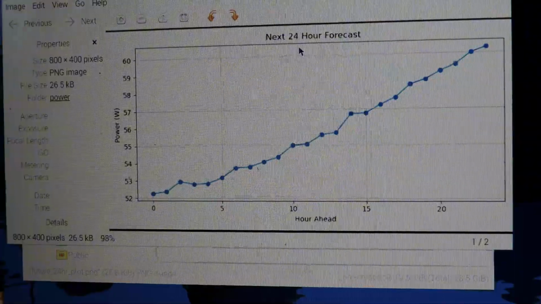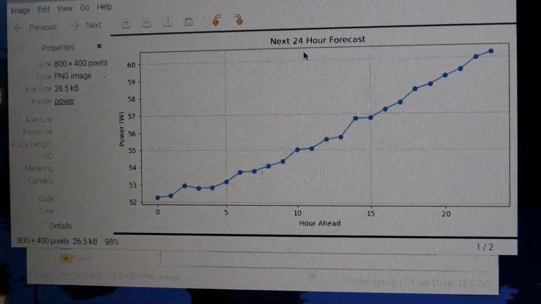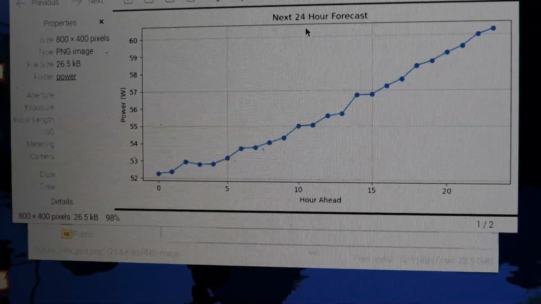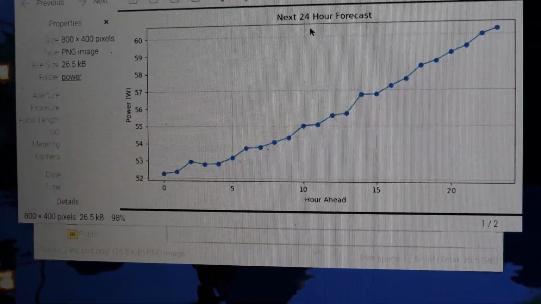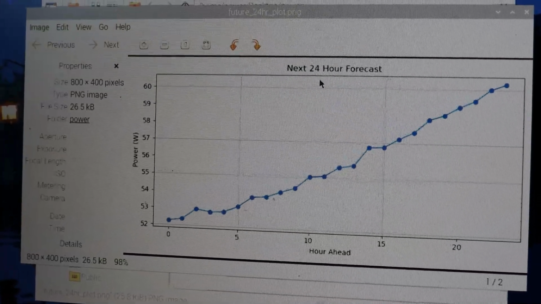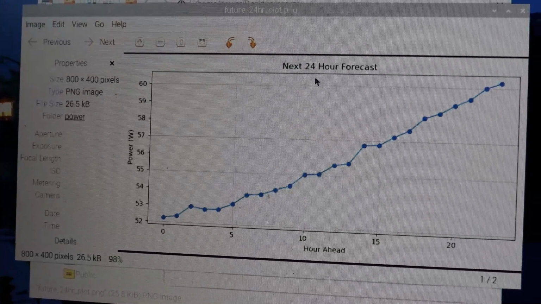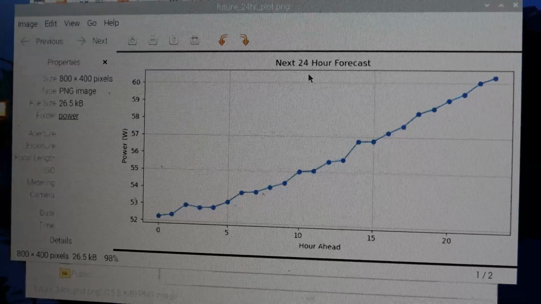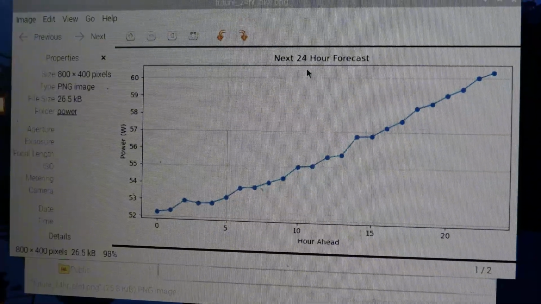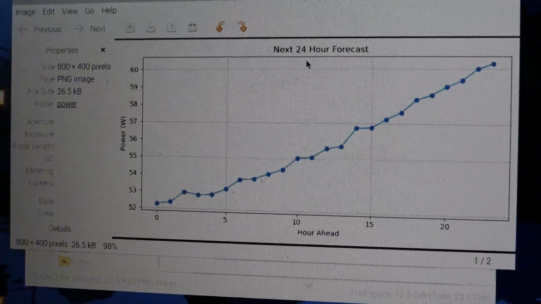This is the prediction. It will change within about 2 minutes, because it continuously takes real-time values, compares them with the ML model, and only with that predicts the next 24 hours of power consumption. So this is the working and the output of this project.